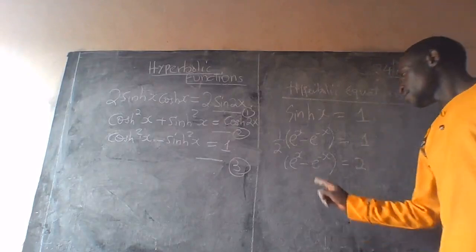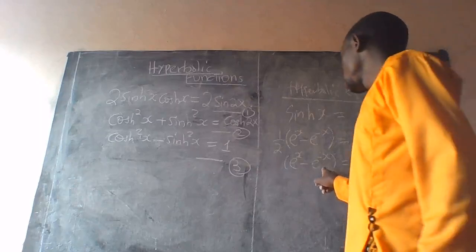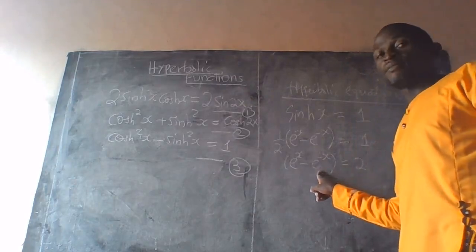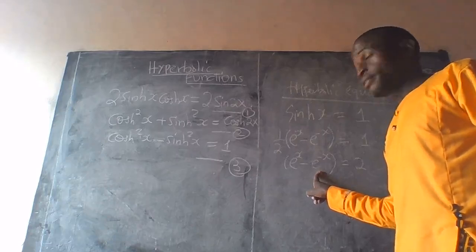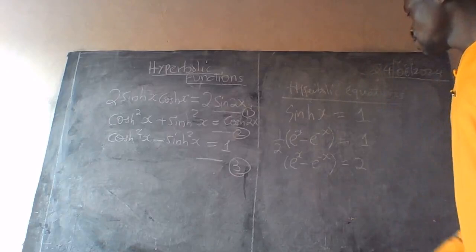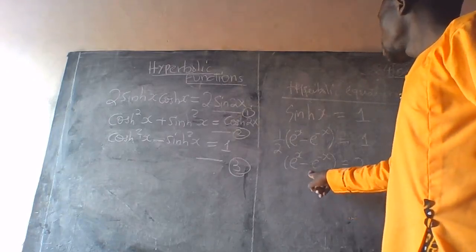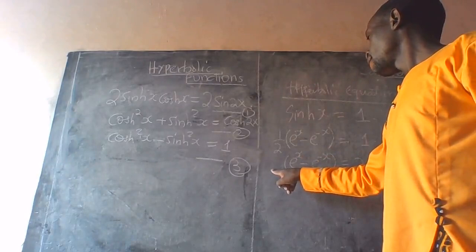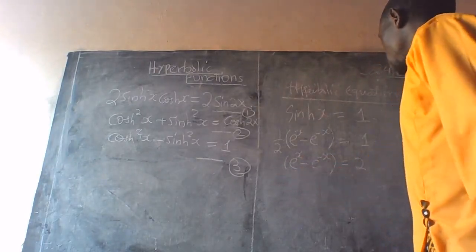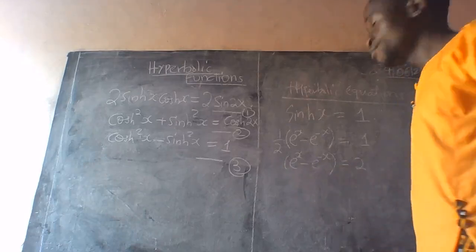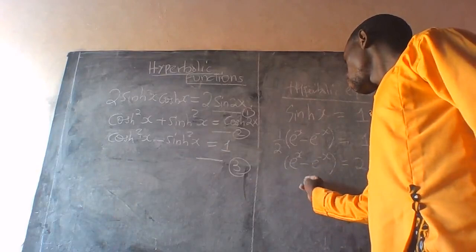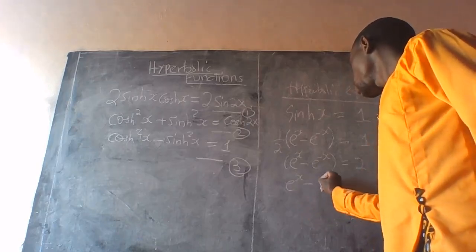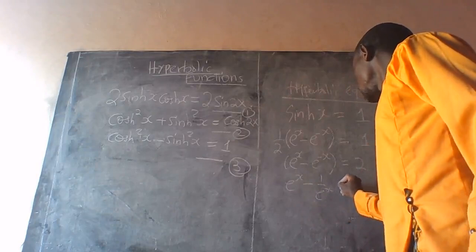So from there, we multiply through by e^x. Why would we do that? Rewriting this one, we'll have (e^x minus 1 over e^x) is equal to 2.